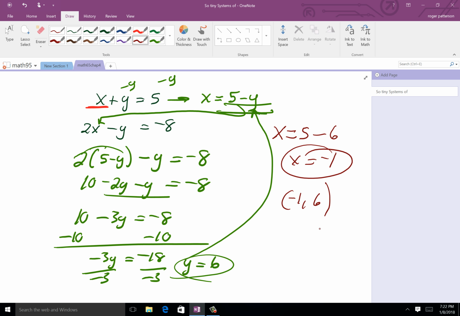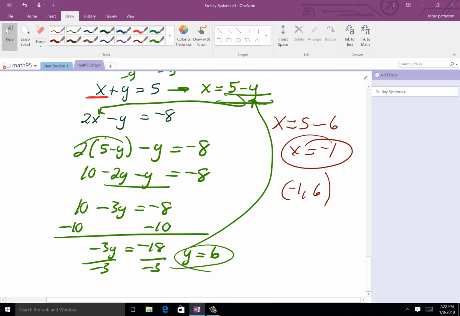Okay, you're not going to have a lot of questions where it's just going to say, graph these and find the answer. I would rather you figure out the answer by graph or by substitution and then check your answer by graphing, because it's so easy to just put those equations in the calculator and check your answer, all right, and see if you get it right or not. Okay, so that's substitution.